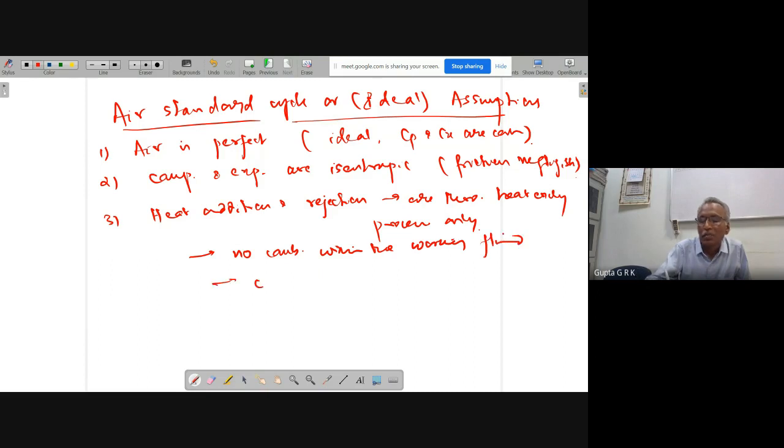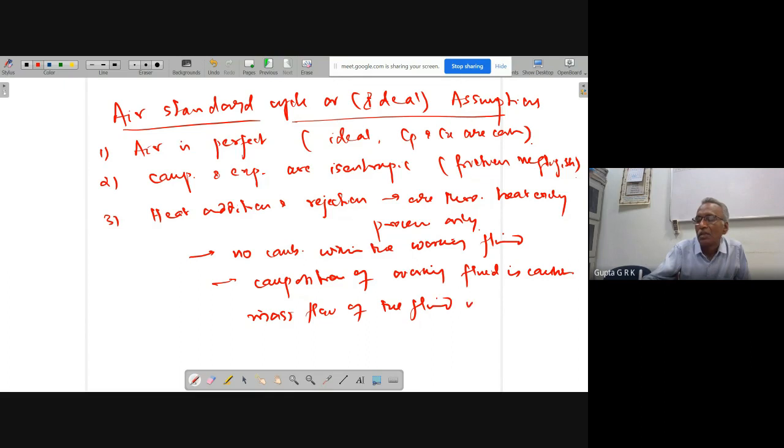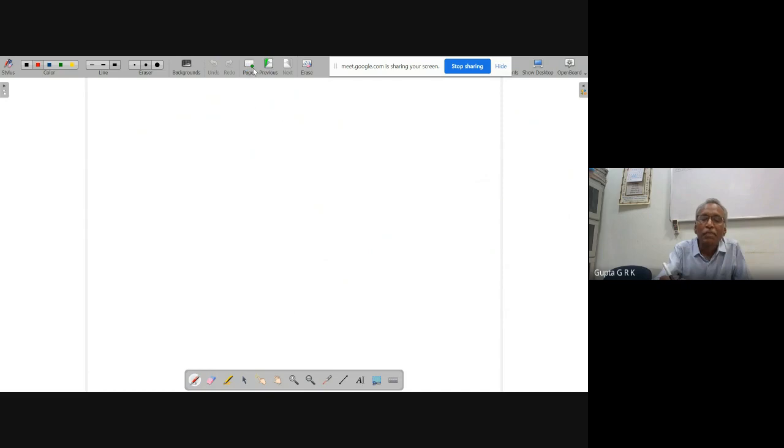Means composition of working fluid is constant, and also mass flow of the fluid is constant. Because otherwise, if fuel burns inside, there will be an increase of the mass of the working fluid. Okay, so that is that.